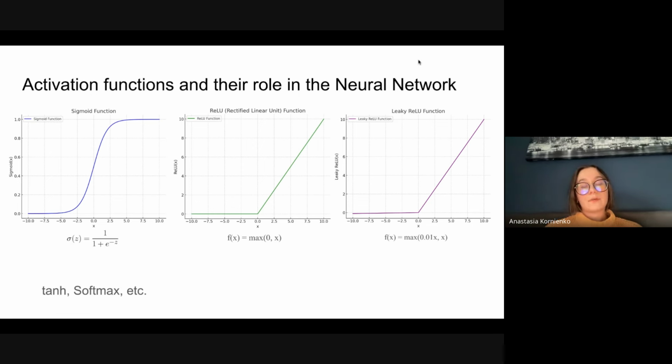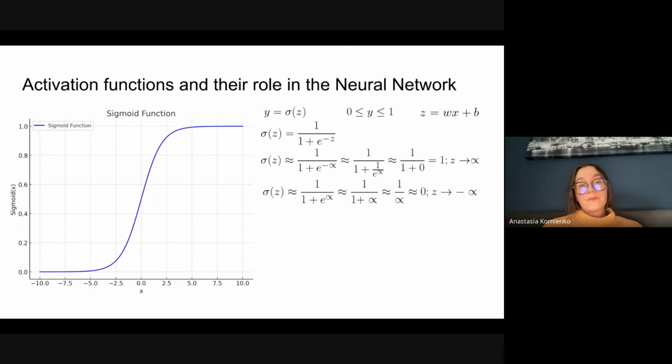For now, let's take a closer look at the sigmoid function. For some x value, the output will be from 0 to 1. You might see that it's like classification into true or false, like a Boolean value.